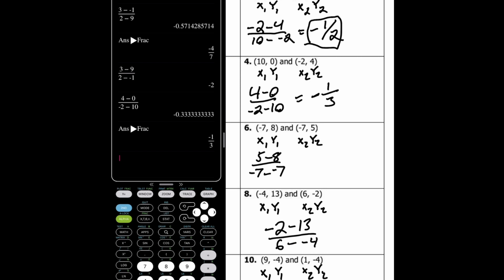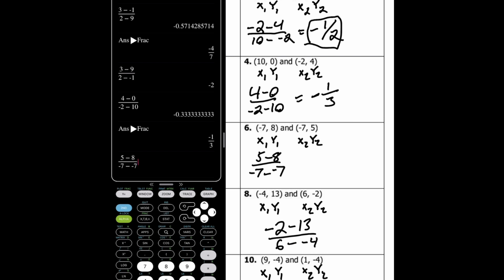Number 6, alpha y equals, enter, 5 minus 8, negative 7 minus negative 7.